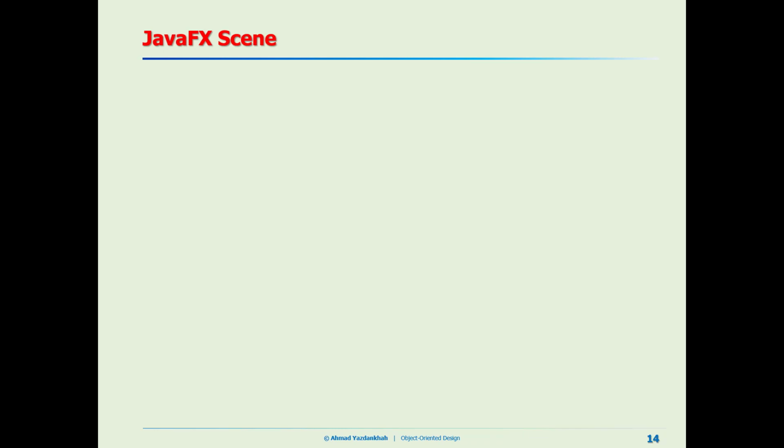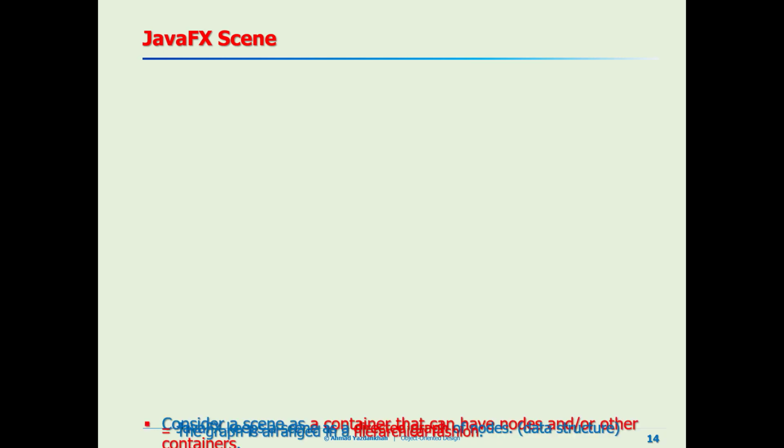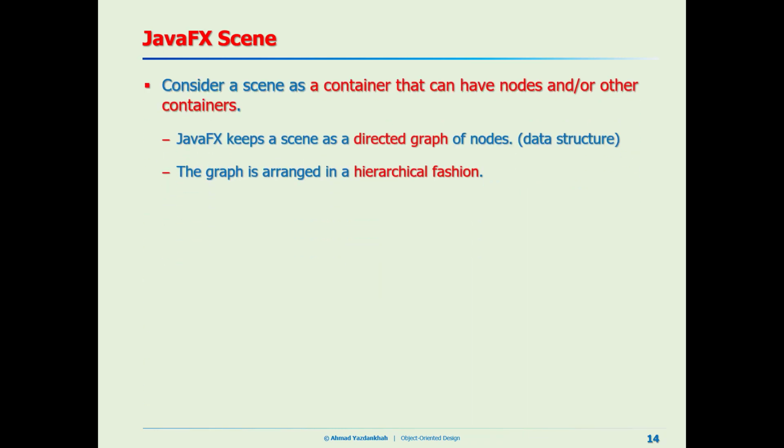So what is a scene? Yeah, you can consider a scene as a container that can have some nodes inside. You can put some nodes inside that, right? Behind the scenes, JavaFX keeps track of the scene and the nodes as a directed graph. So yeah, it's a hierarchical fashion, keeping track of all of these nodes, right?